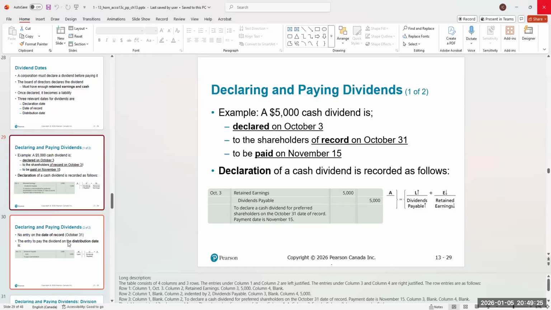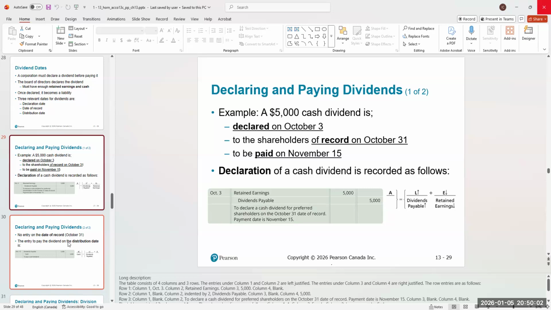Usually the resolution, letter, or memo of the board of directors is going to state this: the company today, October 3rd, decides to declare a $5,000 cash dividend to the shareholders on the record on October 31st, and the dividend will be paid on November 15th.